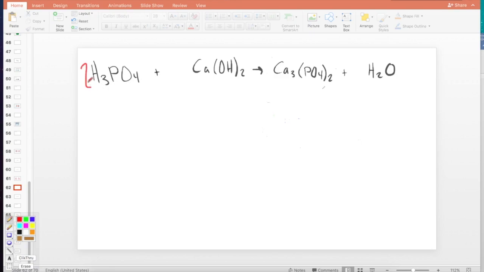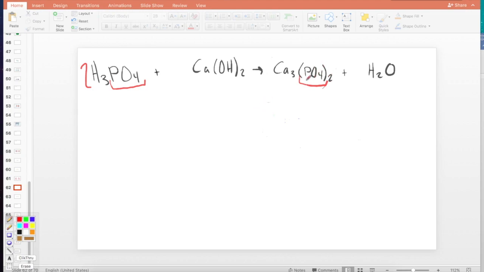Now listen, there is another way of looking at this whole thing. If I recognize that PO4 is a unit that goes together, I can just balance it all at once on both sides of the chemical equation.